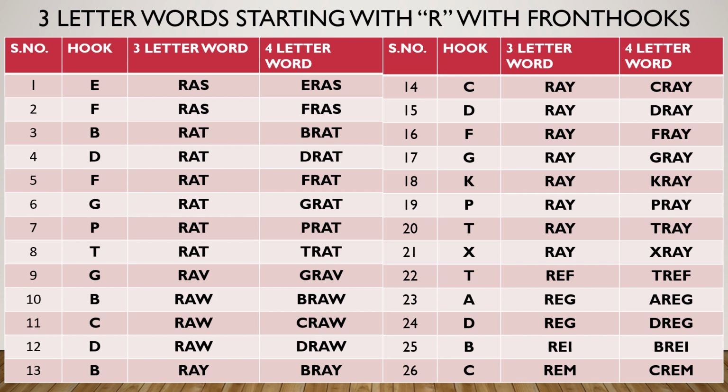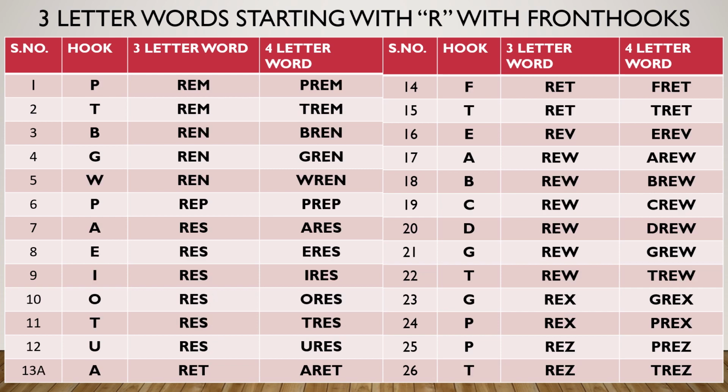but it's not always easy to find a place to make this word on the board. REF accepts just T, making TREF. REG accepts A and D, making AREG and DREG, and so on. On this slide, there are words like REM, REN, REP, RES, RET, REV, REW, REX, and REZ.